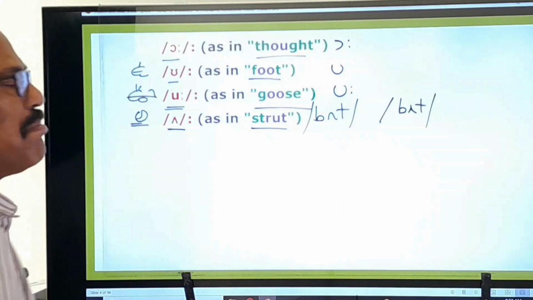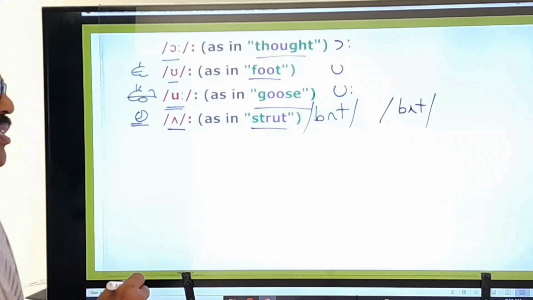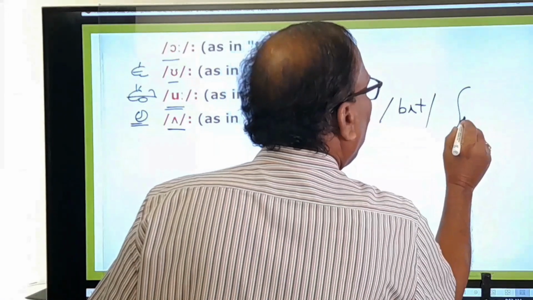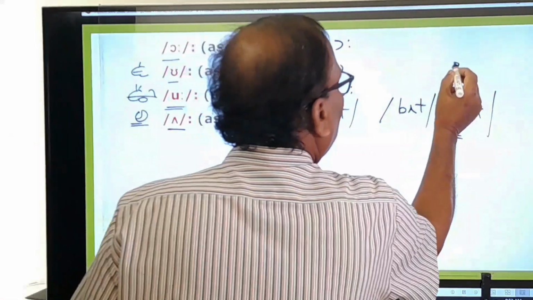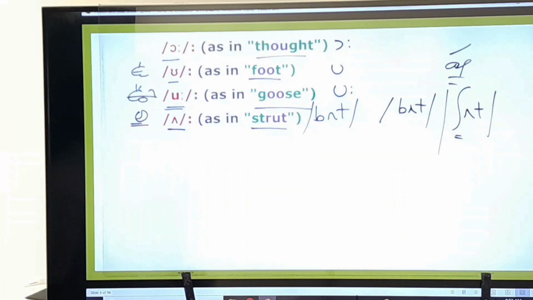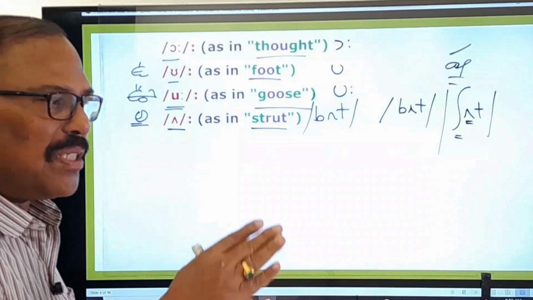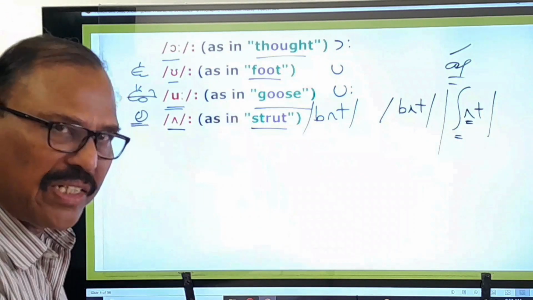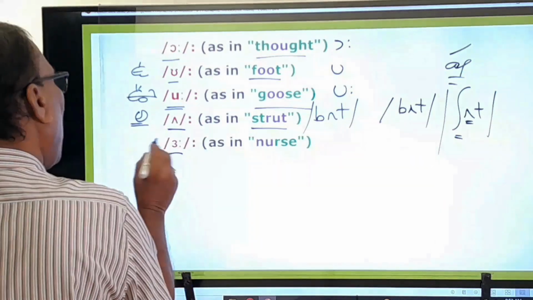So here it gives a sudden ah sound: strut, but, shut. The sha sound is a consonantal sound, which I am going to teach you very sharply. How is this ah sound pronounced? It is pronounced all of a sudden: shut, but, strut. And here you pay attention. This is also another ah, as in nurse.